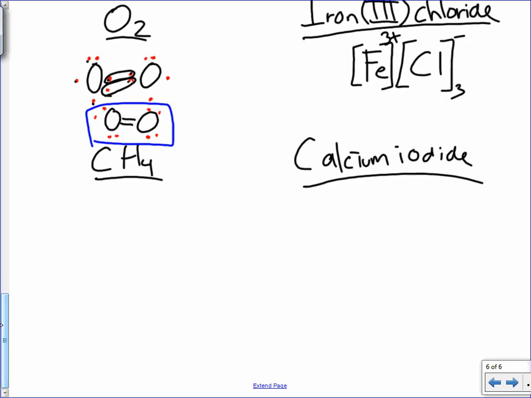Okay, CH4. C, H, H, H, H. Draw in our valence electrons. Okay, you're going to see carbon in a lot of covalent compounds, and it generally does stuff like this.